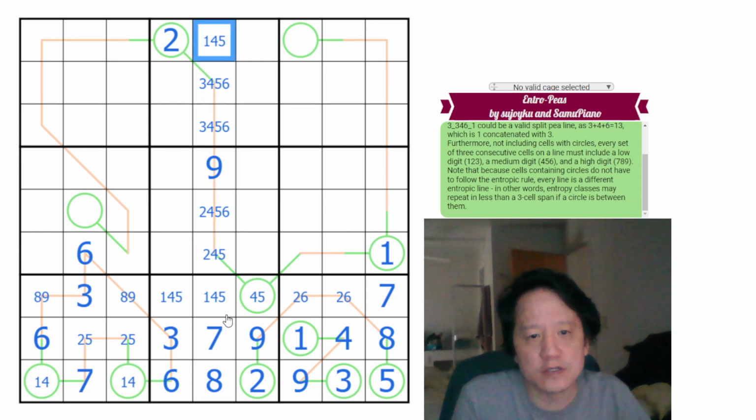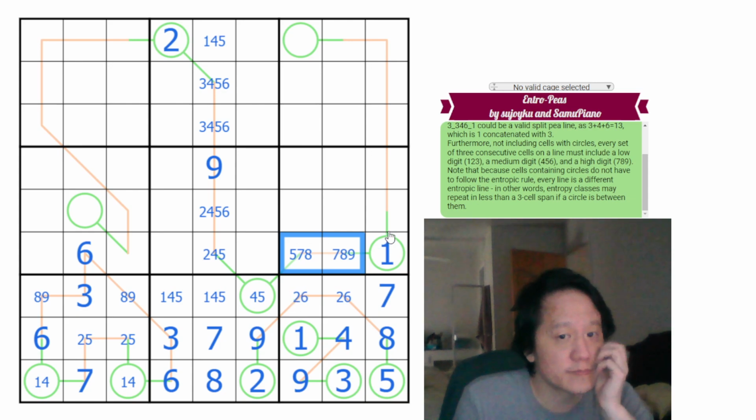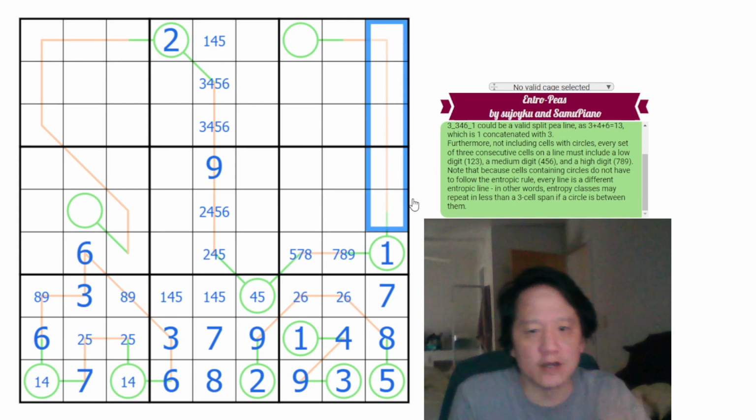So no 6. So one of the ones is here. This is 2. 2, 3, 5, 6. So if this is 14, this has to be 5 and 9. So this would be 5 and 9. If this is 15, this has to be 7 and 8. In addition, we have... Okay, this is 2, 3, 4, 6, and 9.